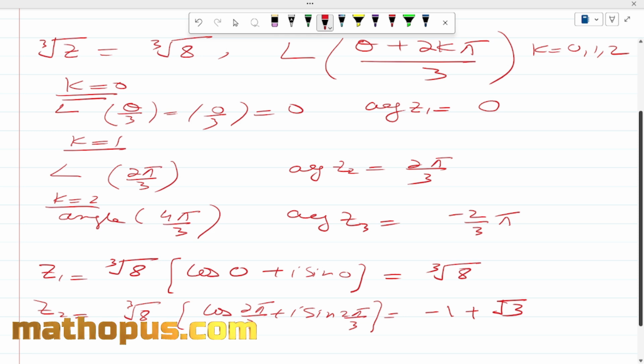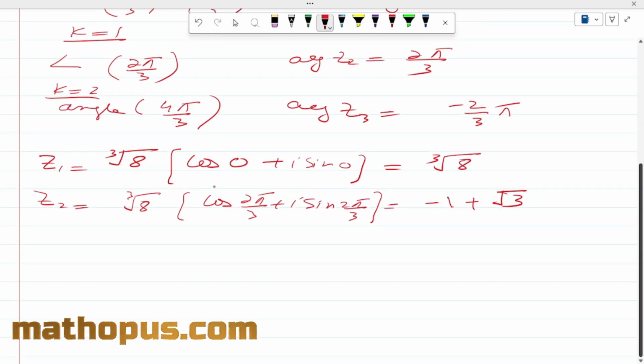Now similarly, let's find out the third cube root. That would be z3, it is cube root of 8, argument is minus 2 pi over 3, cos minus 2 pi over 3 plus iota sine minus 2 pi over 3.